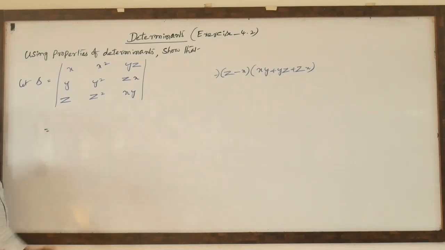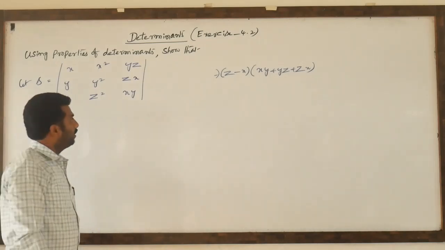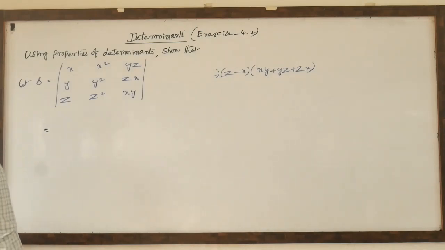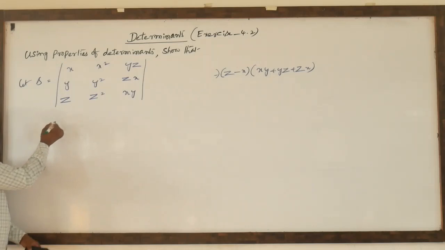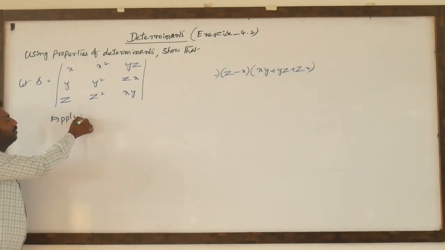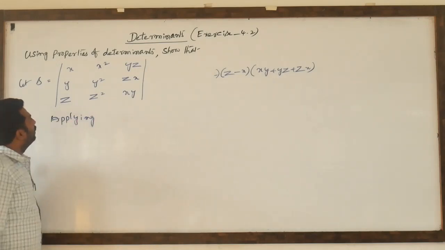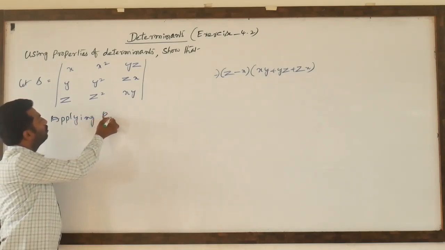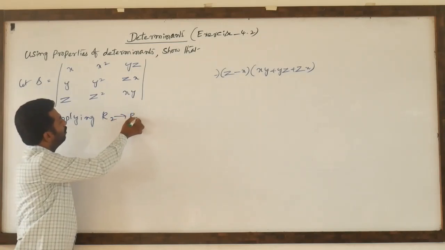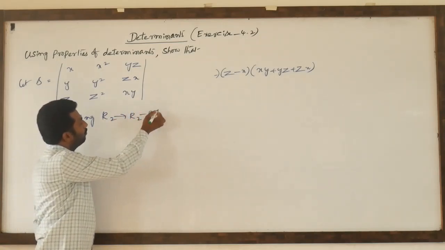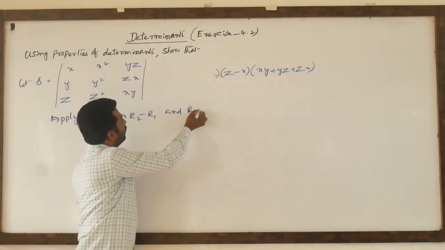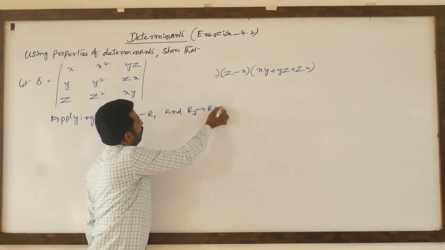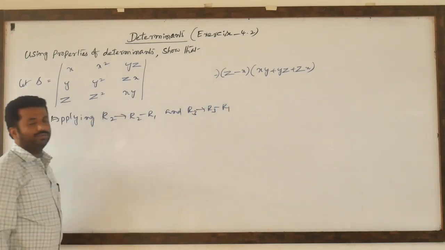Now you observe, we need x minus y, y minus z, z minus x. How we will get? See, just we are applying R2 changes to R2 minus R1 and R3 changes to R3 minus R1.